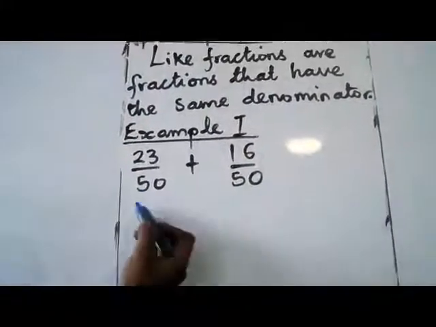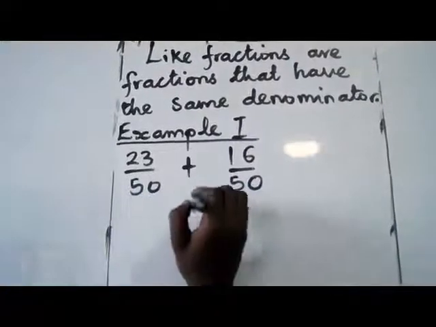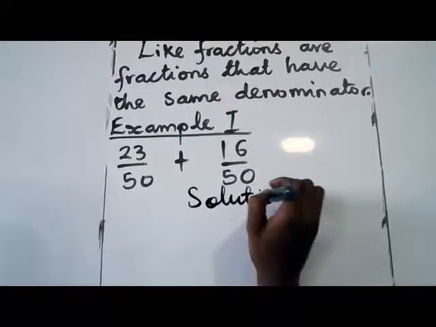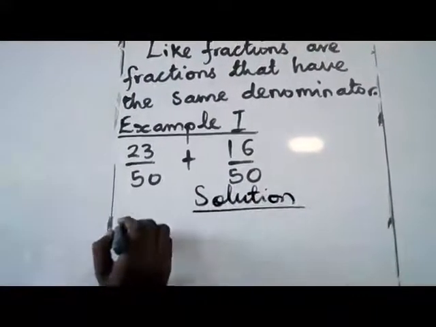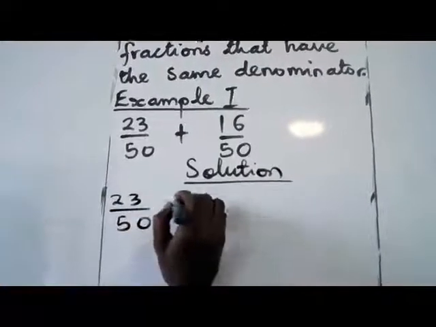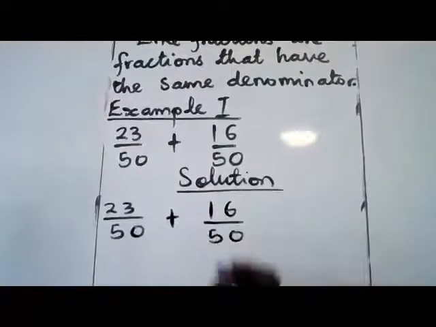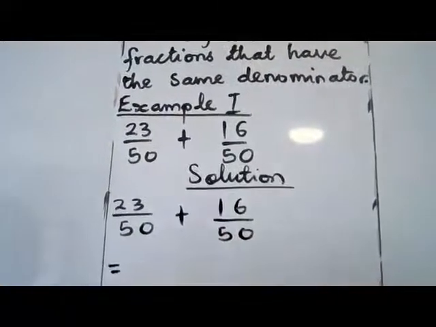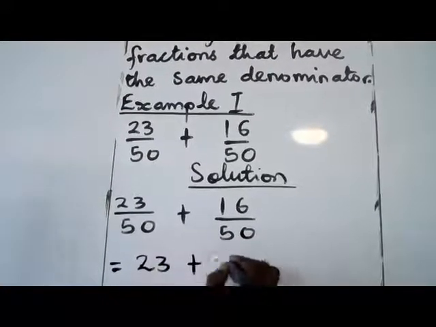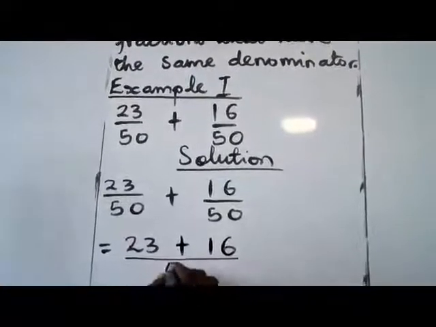And the denominators here are of the same value. You have 50 and 50. So I have my solution for us to start our work proper. 23 over 50 plus 16 over 50.